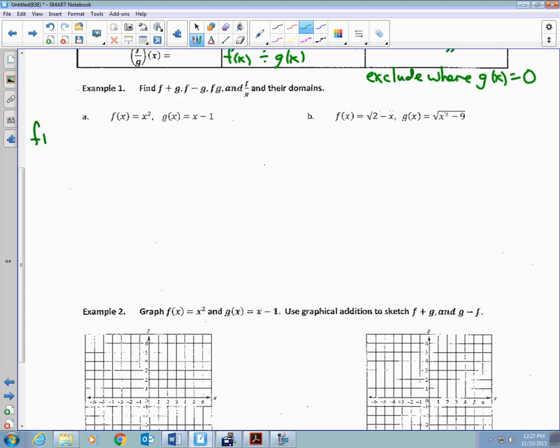So f plus g of x is equal to, I simply add the two together, and I get x squared plus x minus 1. Simple enough, right? And if we subtract, we distribute the subtraction sign through g of x, we get x squared minus x plus 1.